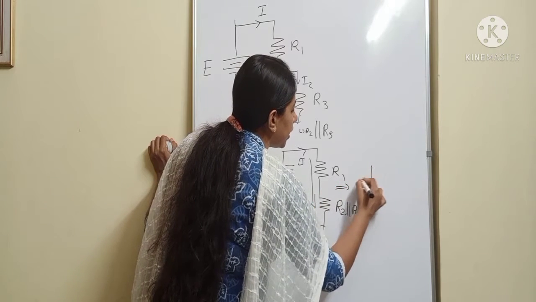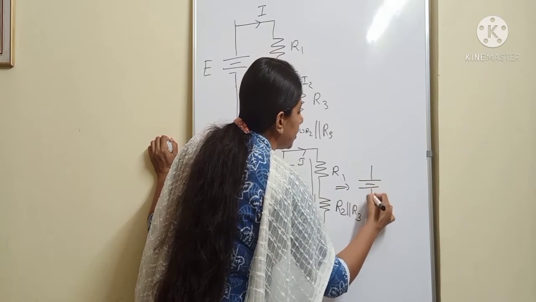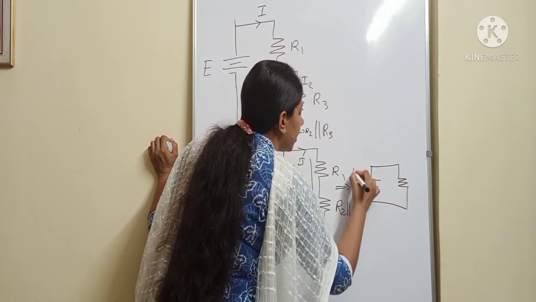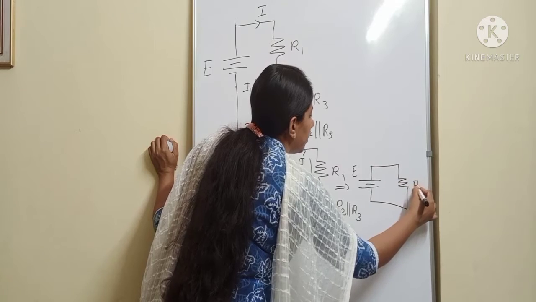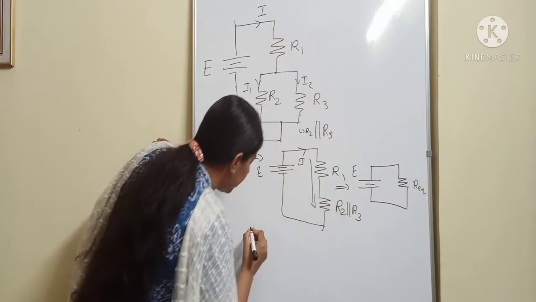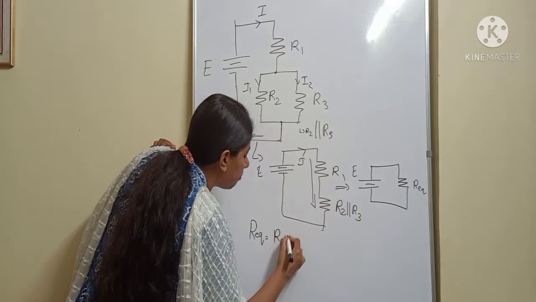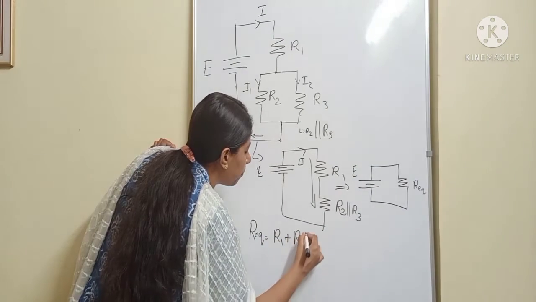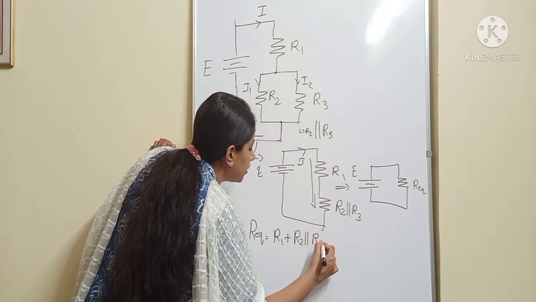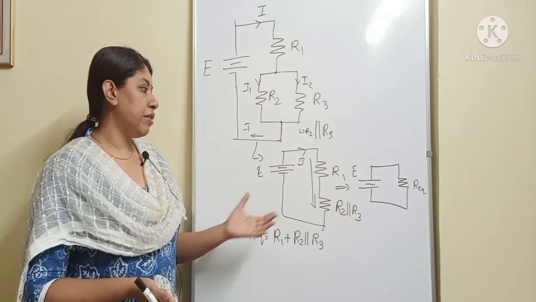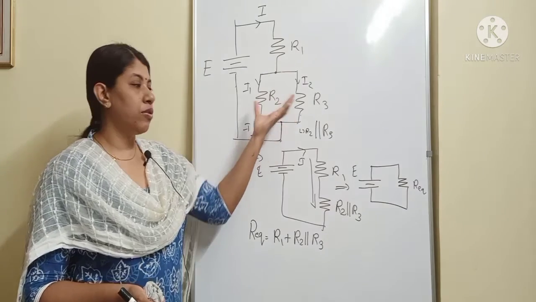So this figure can be redrawn again, as this can be replaced by a single resistor, and the value of the single resistor is written as R equivalent is equal to R1 plus R2 parallel R3.